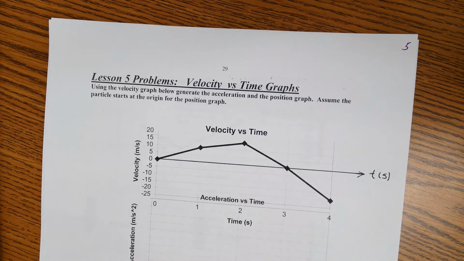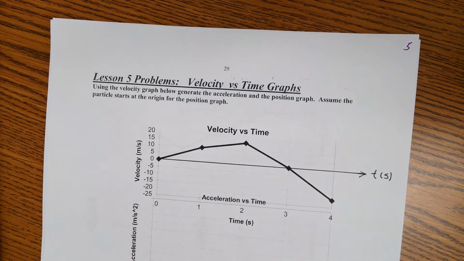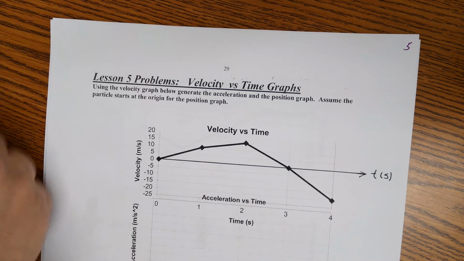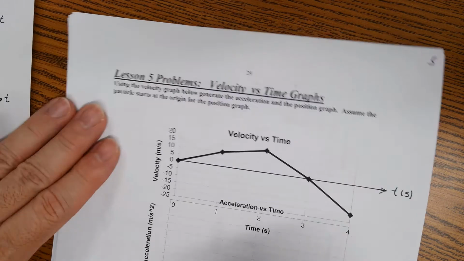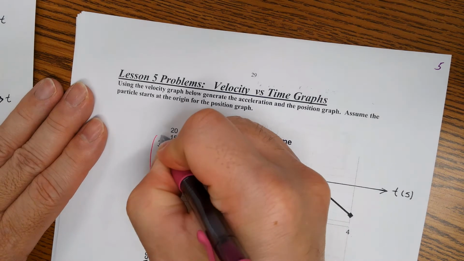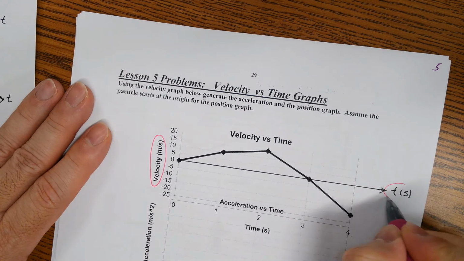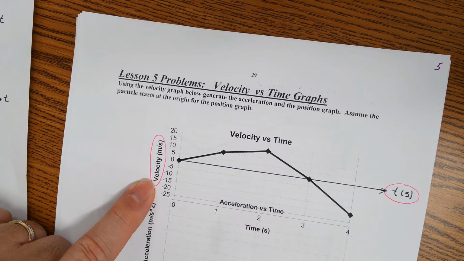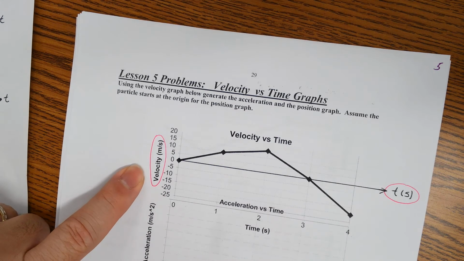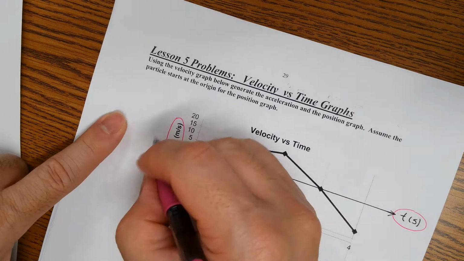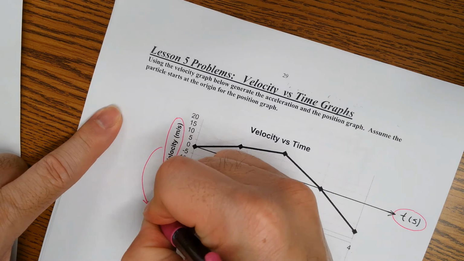Now, since this is a velocity graph, it is very important that you read this versus this, right? So the slope of a velocity versus time graph will give you acceleration values.